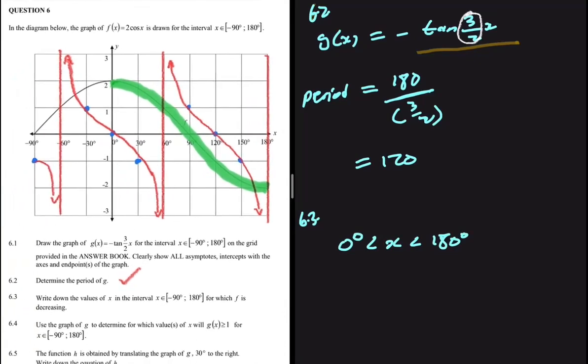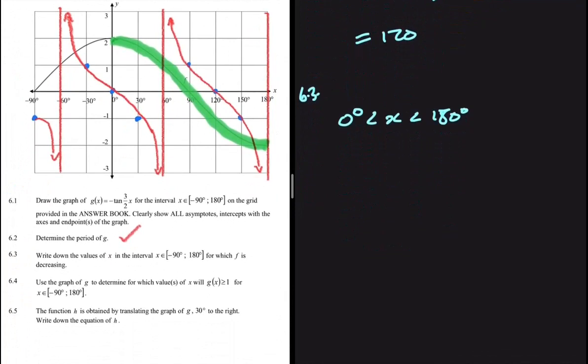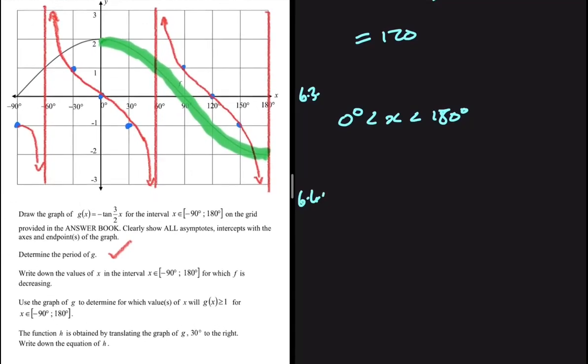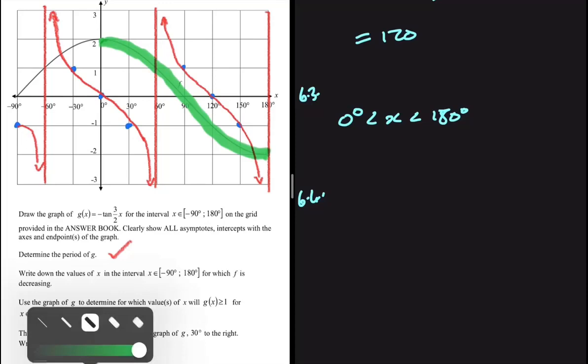Let's look at 6.4. Use the graph of g to determine for which values of x will g of x be greater or equals to 1 for the interval minus 90 to 180 degrees. G of x is minus tan 3 divided by 2x. So let's go ahead and find out. We need our graph to be greater or equals to positive 1.